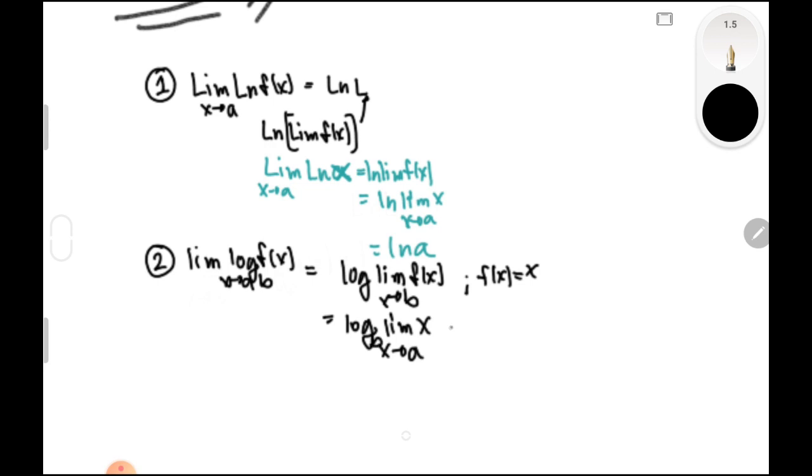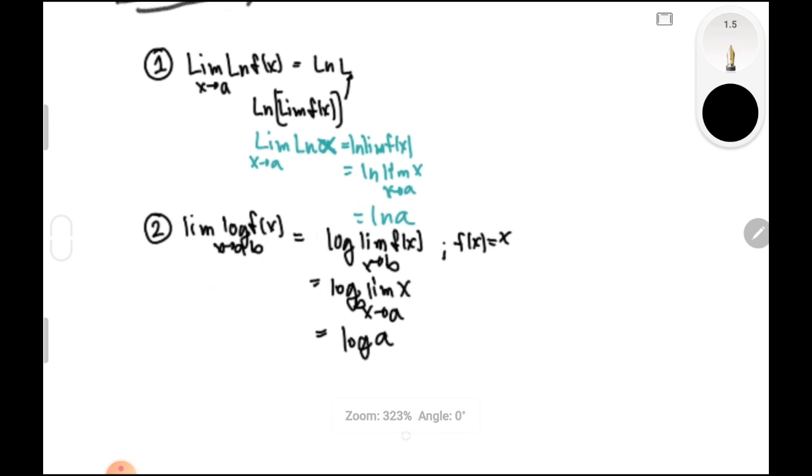Therefore, we'll have a value of log of a. Okay? So kukunin mo lang yung limit ng logarithm ng function na yan.